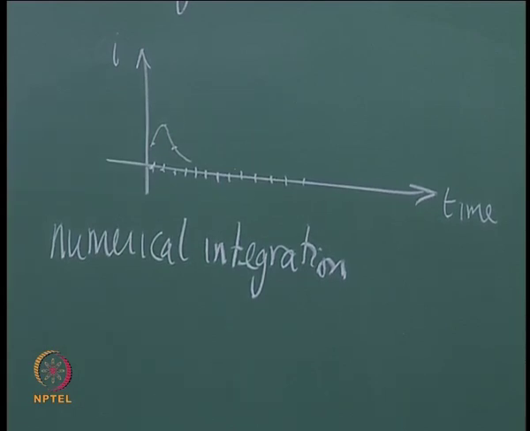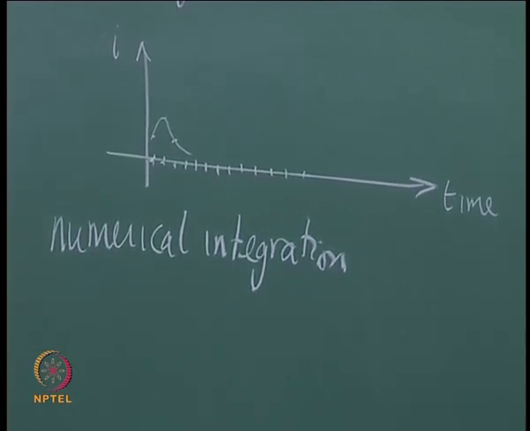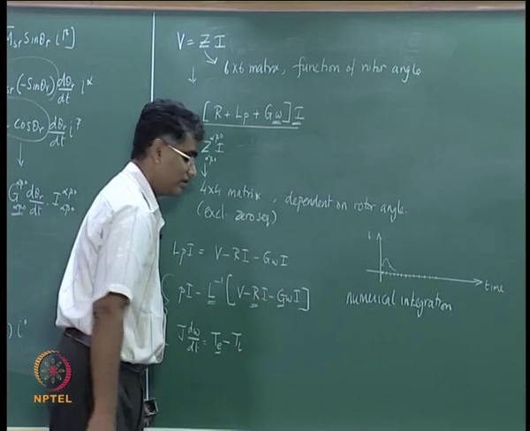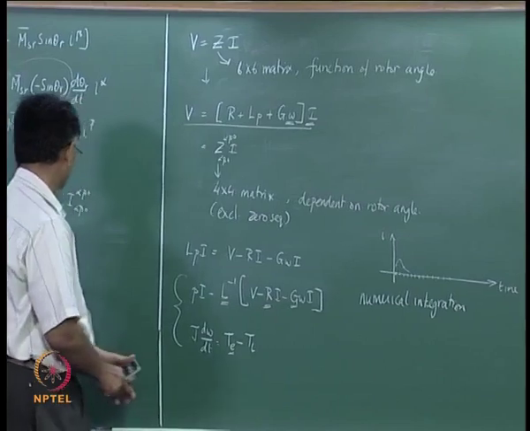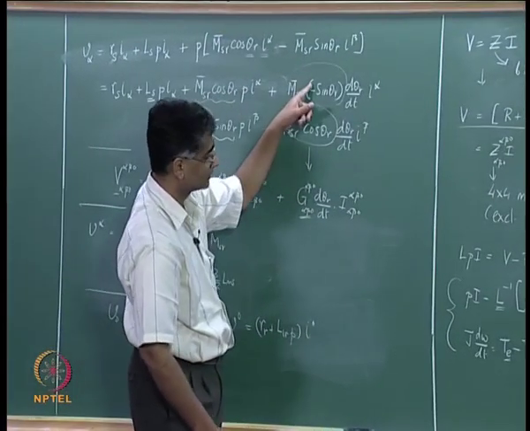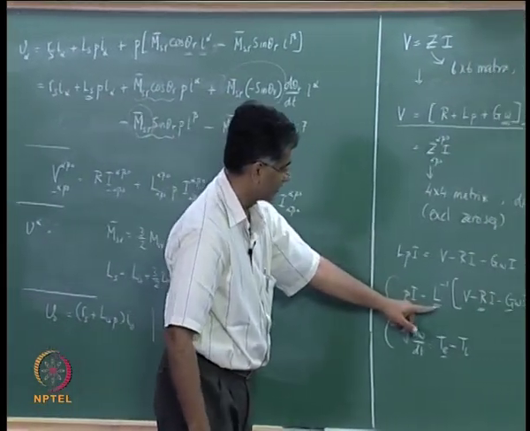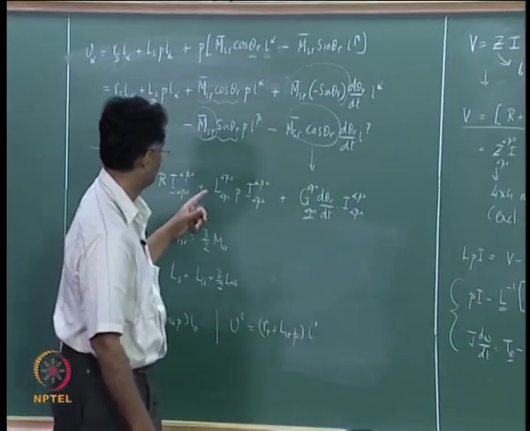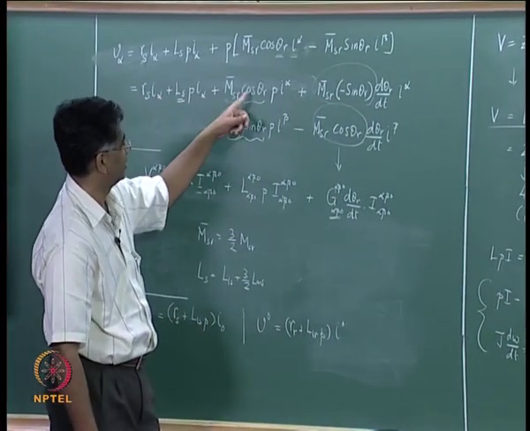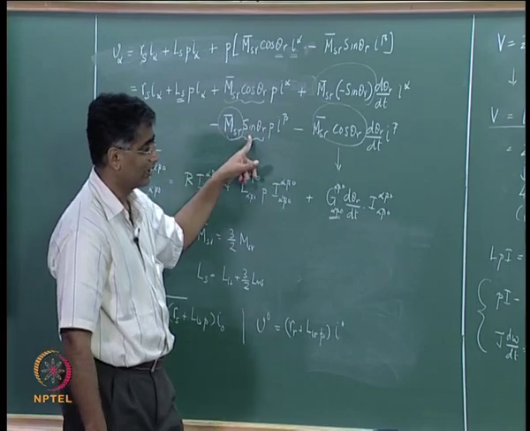R matrix is a fixed matrix, you can evaluate it once and store it. G matrix is not a fixed matrix because it is going to depend on angles.